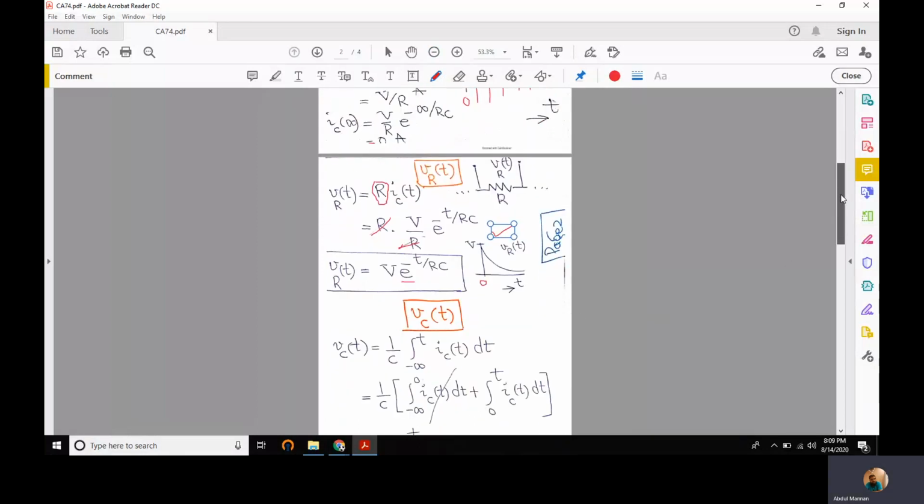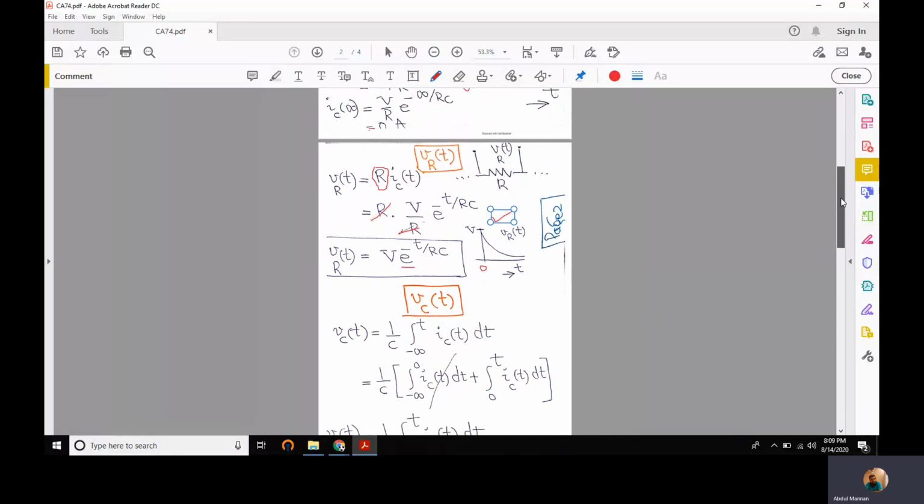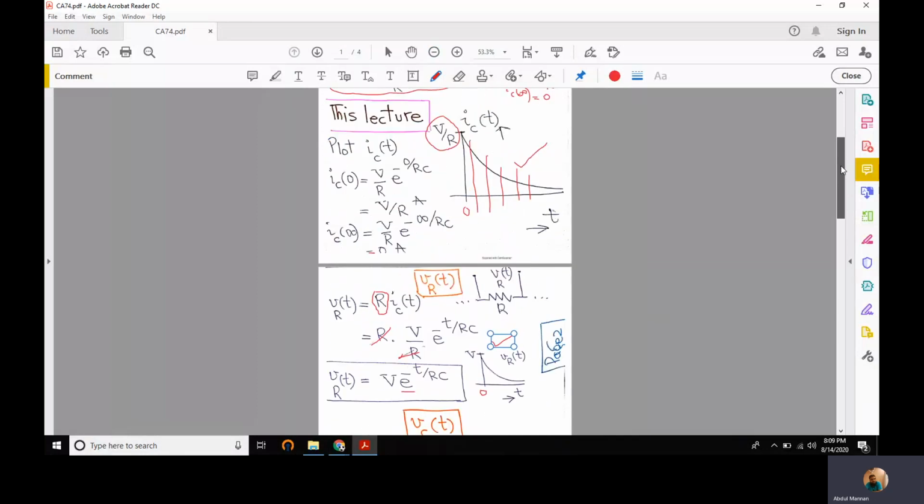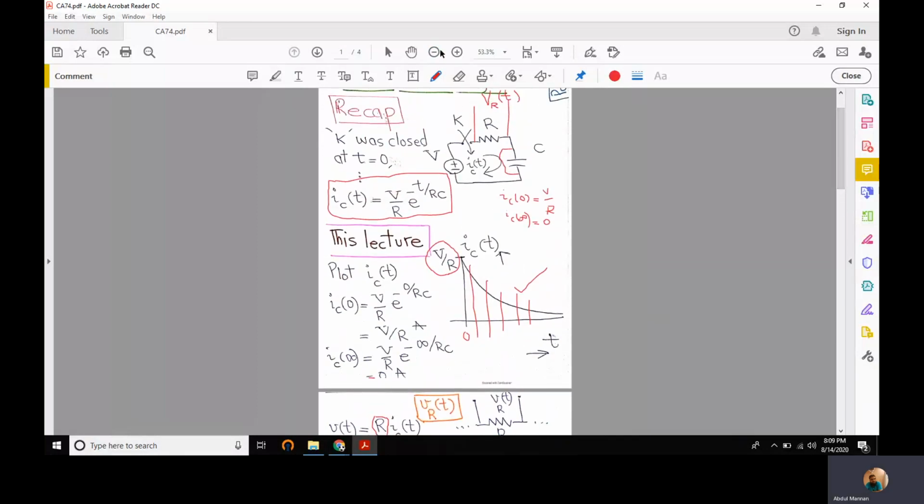And the final thing that we have to compute in this lecture is the voltage drop across this capacitor for all t. It acts like a short circuit just after we have closed the switch, but not always.